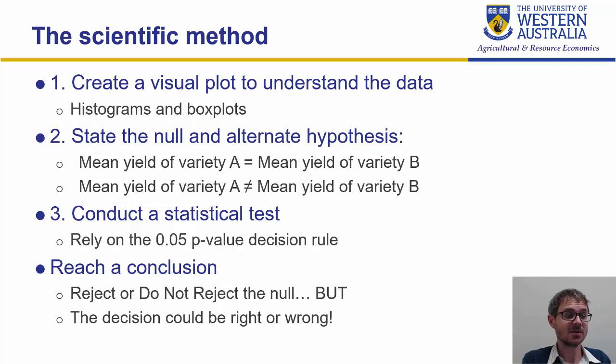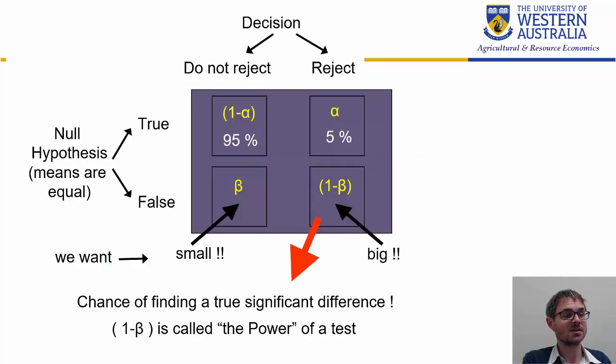Now, pretty much up until this point, we've been saying, well, that's the end of the story. But in reality, we could be making a mistake. It could be appropriate to reject the null, or that might not be the right decision to make. So let's actually start thinking a little bit further into what's going on here. So I've got this box that I've set up here, and this is going to explain a few things, including what this alpha is.